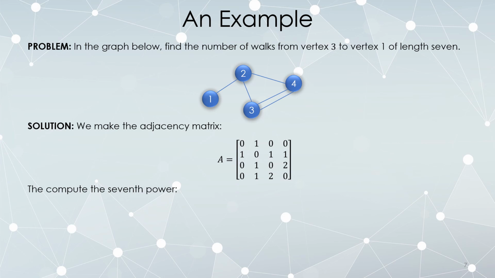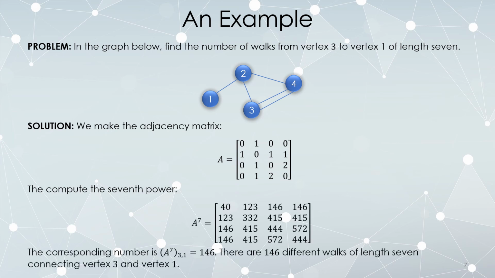We compute the 7th power of this matrix, which happens to be given as follows. And now, to find how many walks go from vertex 3 to vertex 1 of length 7, I look at the third row, first column of this matrix and get 146. There are 146 different walks of length 7 that go from vertex 3 to vertex 1.